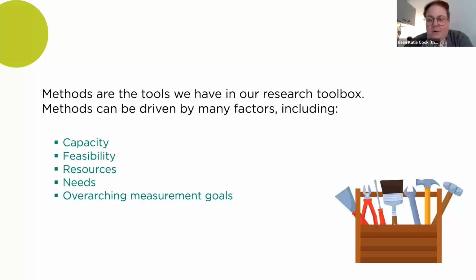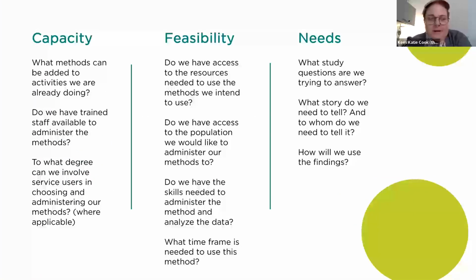To get us started, I'm going to focus on capacity, feasibility, and needs. Again, these drive our decisions about what methods we want to use, or can feasibly use. How can we measure our outcomes beyond just validated scales, which is really all we've talked about so far?